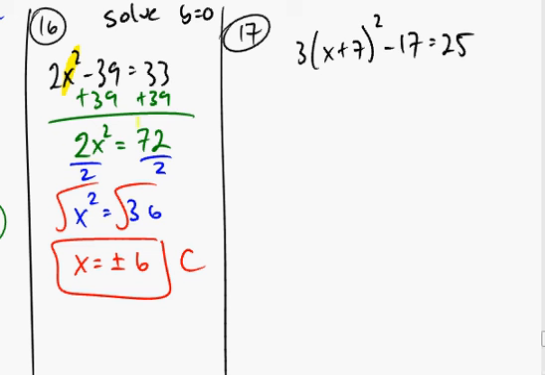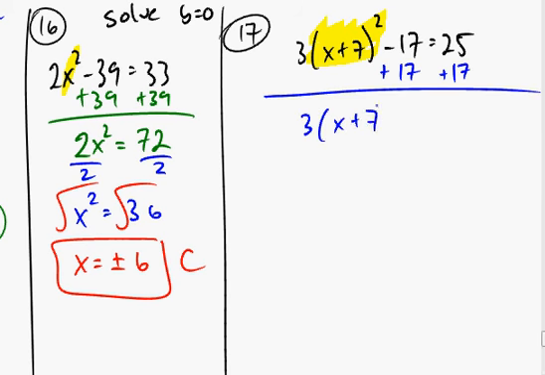Okay, basically the same as 17, just try to get this part by itself, right? Some of you would try to multiply that binomial x plus 7 times x plus 7 and write it out in standard form. You could do that, but it's definitely not the fastest way, though.